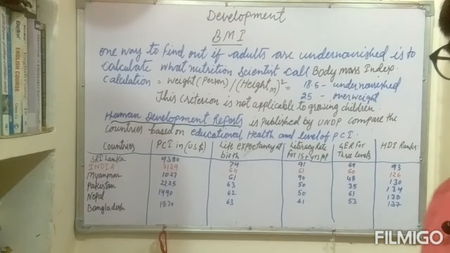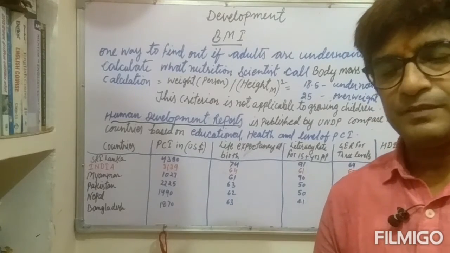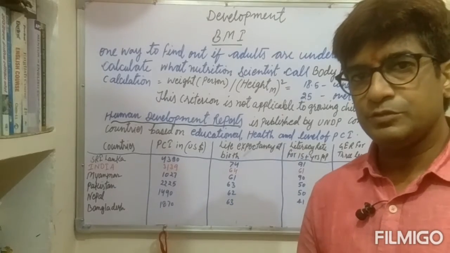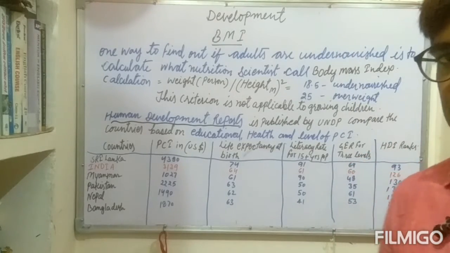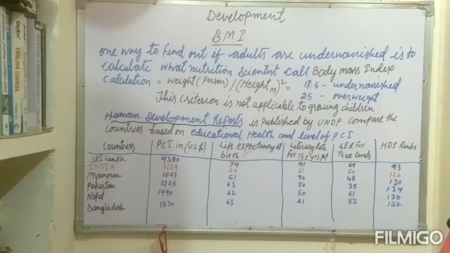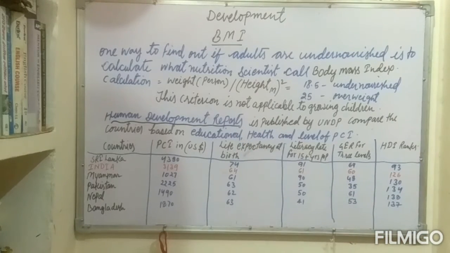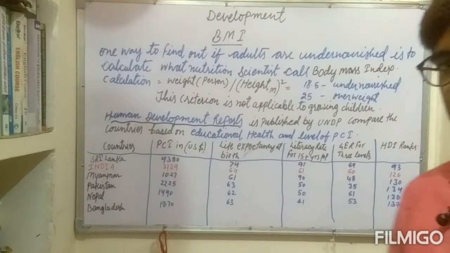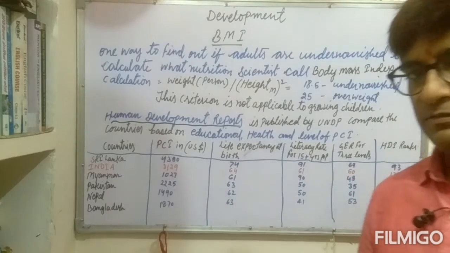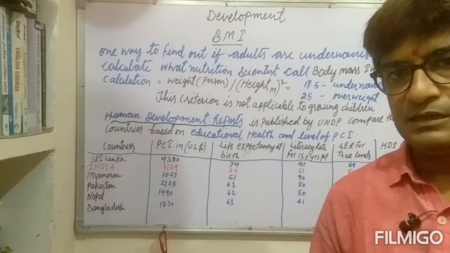And a very important thing: for growing children, there is no need to use this standard method to find out the health status, because the criteria is not applicable to growing children. That is very important, and you should keep it in mind. All of you should consider this criteria to find out the health status.